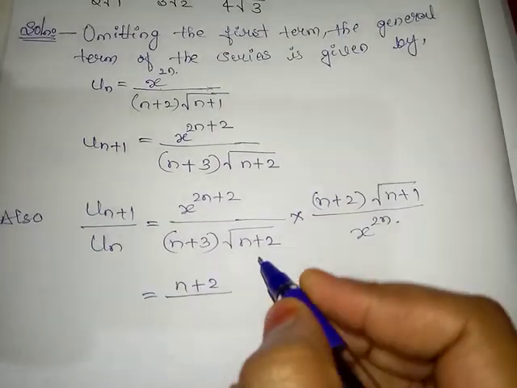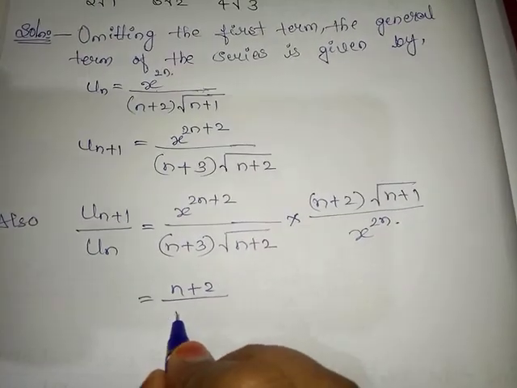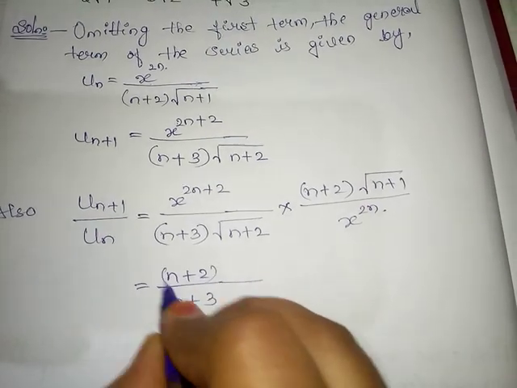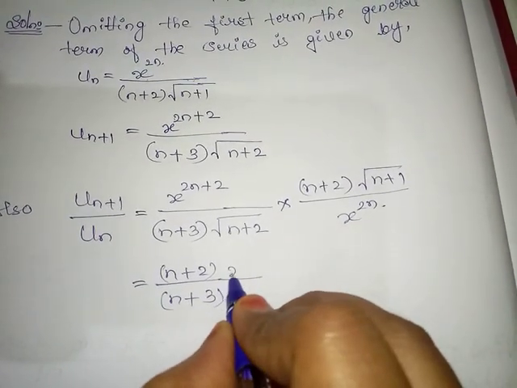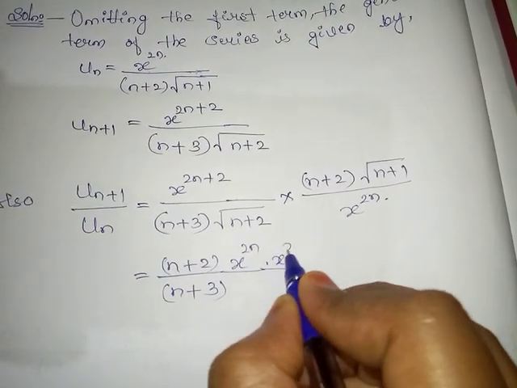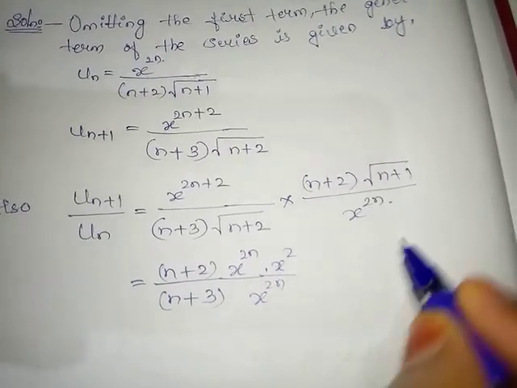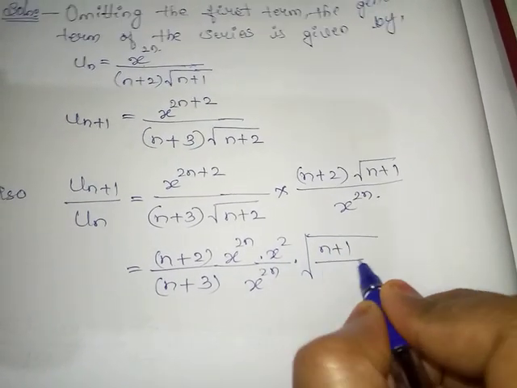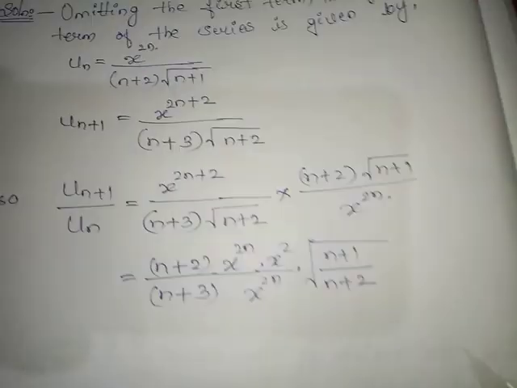Write the root terms on one side. This is n plus 3. This x raised to 2n plus 2 can be written as x raised to 2n into x square. This is x raised to 2n into square root of n plus 1 divided by n plus 2.